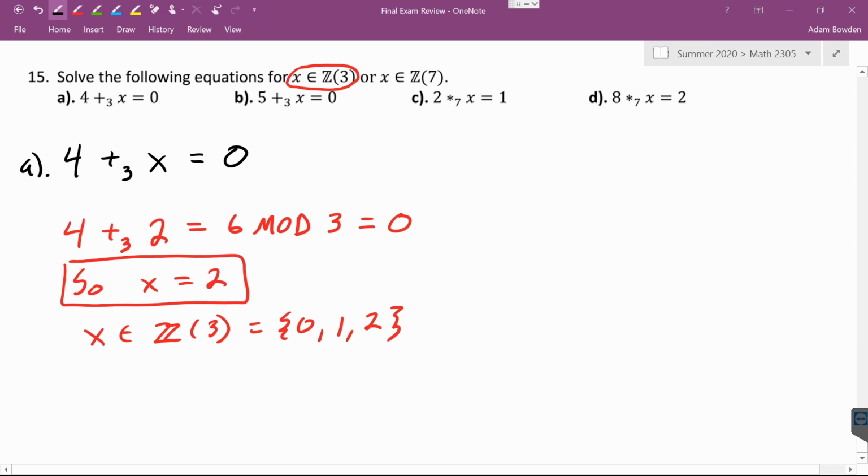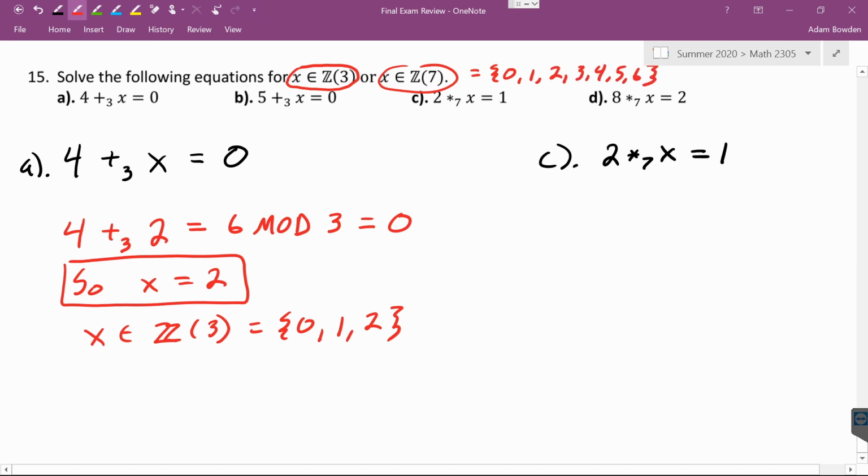So let's say we look here at another one, 2 times x mod 7 equal to 1. And we're looking for a value within double bar Z7, which would be everything up to 6.